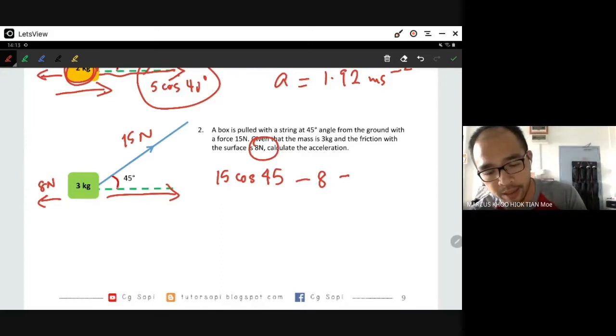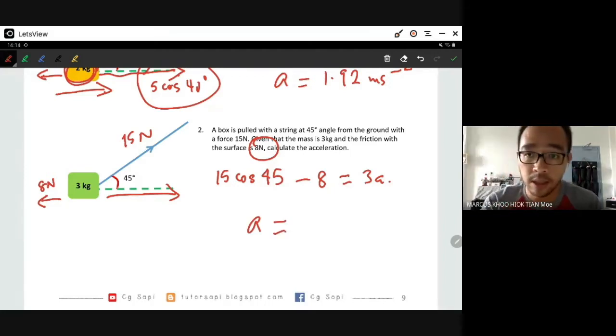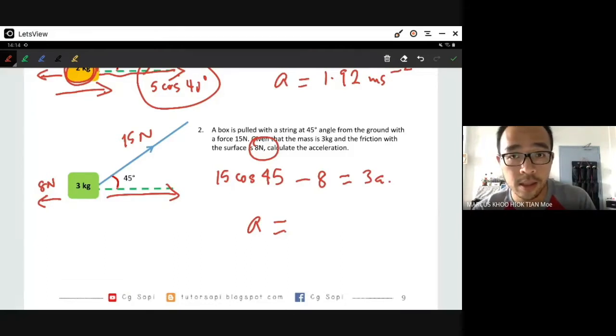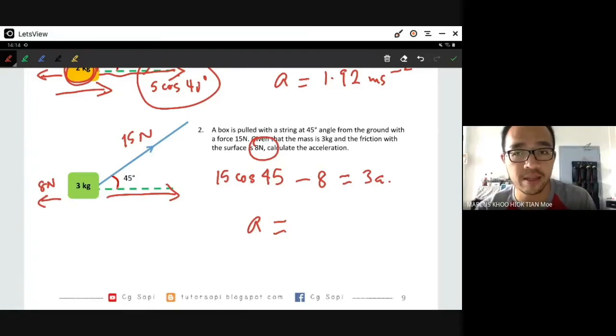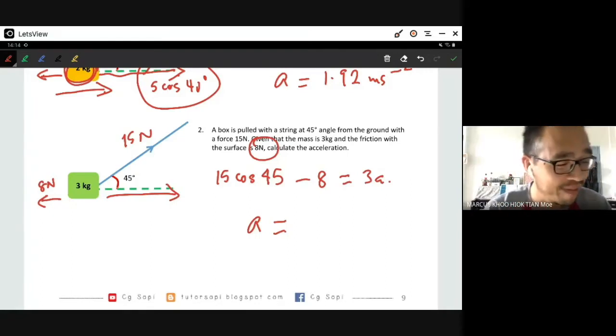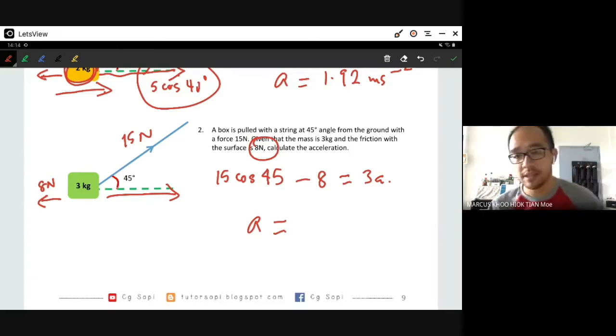This is equal to 3a. After you calculate, you will get a equals to, Jericho? Wait, before calculating. I haven't calculated either. I don't have the calculator. Oh, I do. 15 cos 45 minus 8.